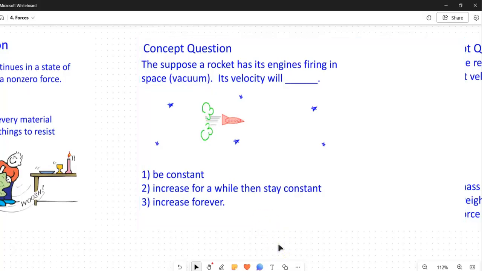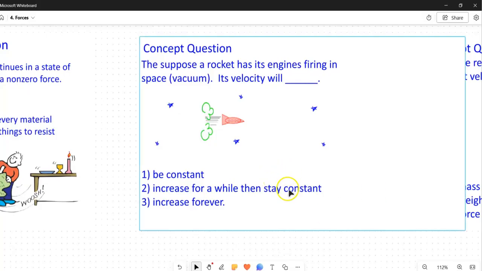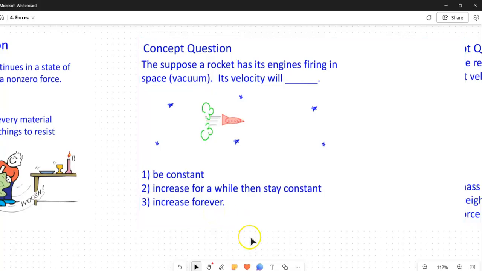When its engines are firing in space, its velocity will be constant, will increase for a while and then stay constant, or will increase forever. So take a moment and think about this, and let me know what you think. Pause the video now.